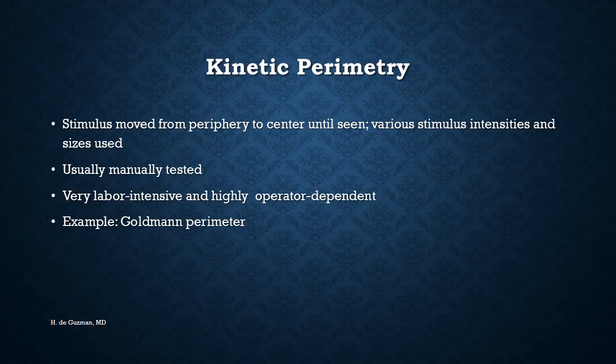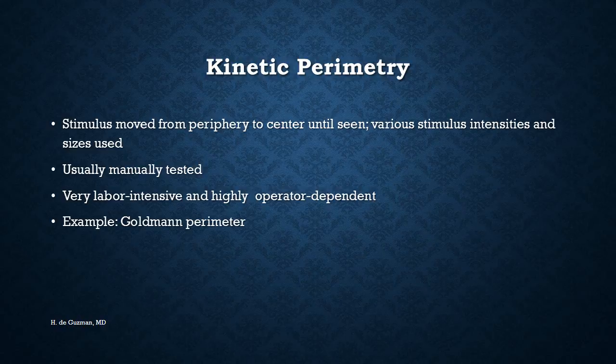In kinetic perimetry, the stimulus is moved from the periphery to the center until the patient indicates that they've seen it. The stimulus varies in intensity and in size, and it can also vary in speed of movement. This is usually manually tested, and it tends to be very labor intensive and highly operator dependent.